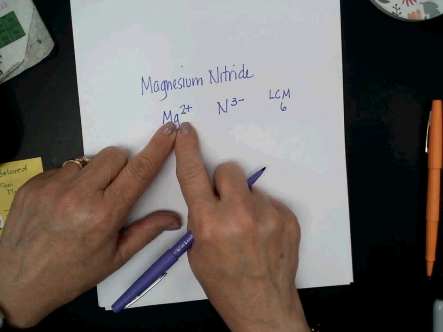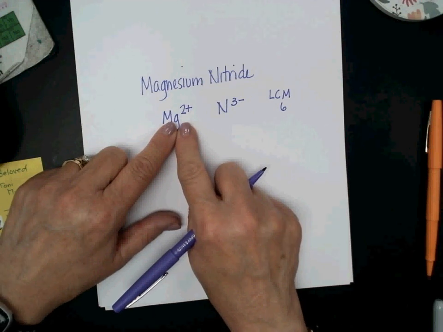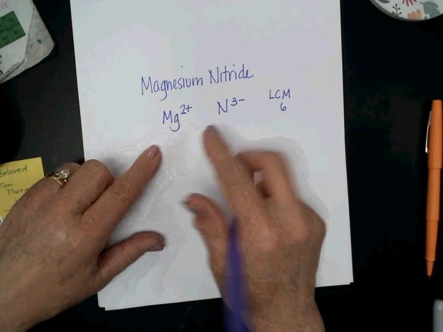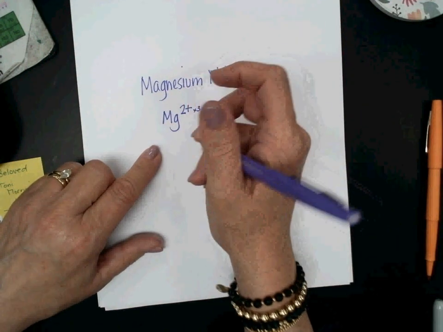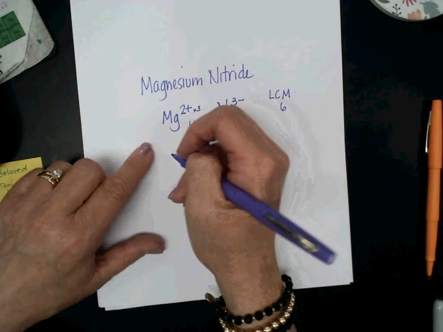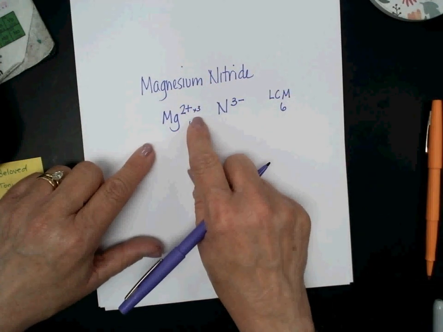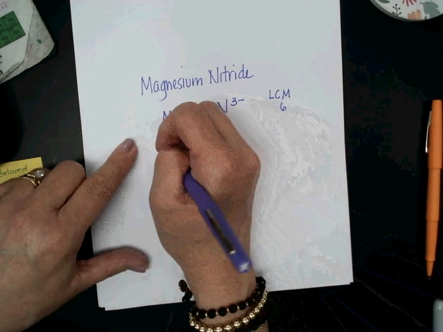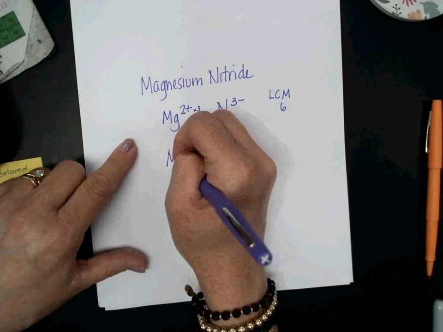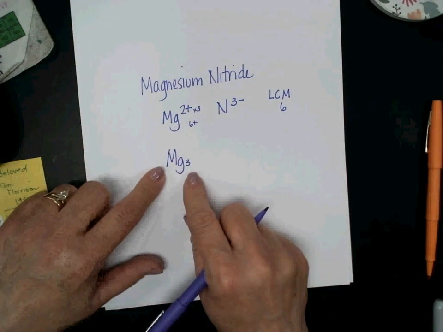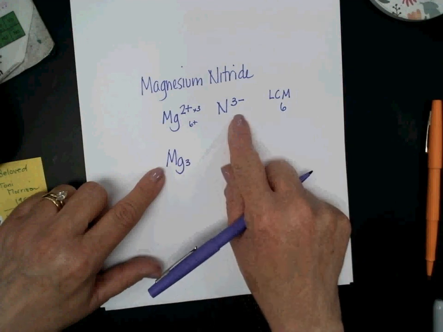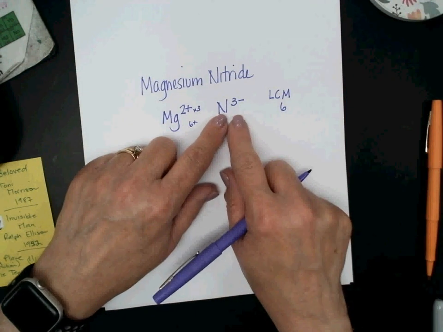I say to myself, what do I have to multiply 2 by to get 6? Maya, what do I have to multiply 2 by to get 6? 3. So this is a times 3. That gives me 6 plus. So if it's times 3, that tells me there are 3 of them. Mg3 is how I would write that part.